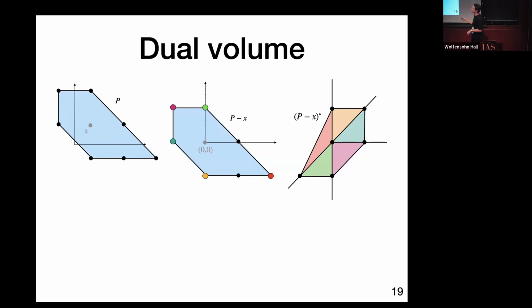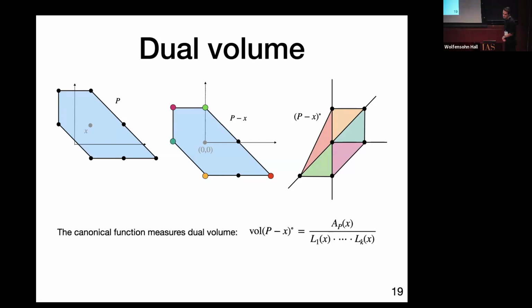So if you put your point near the boundary, the dual gets an infinite volume. It turns out that the canonical function measures the volume of this dual polytope. So the adjoint divided by these linear forms, with the correct normalization, gives you precisely the volume of this thing. So what I said earlier amounts to saying that if you approach a facet hyperplane, this gets 0 and the volume explodes.